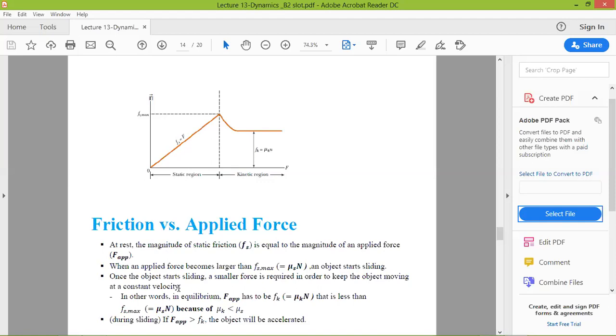Once the object starts to slide, a smaller force is required to keep it moving at a constant velocity.